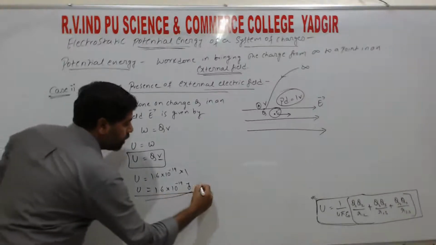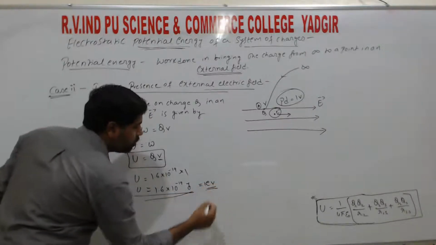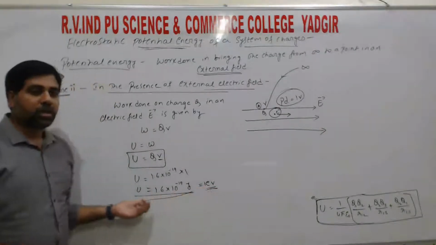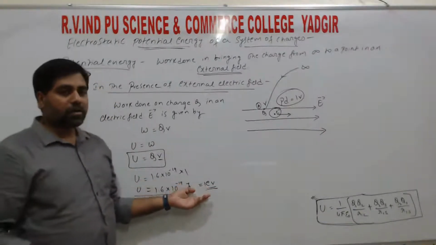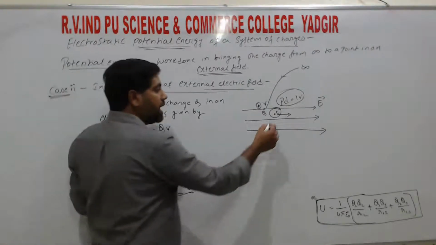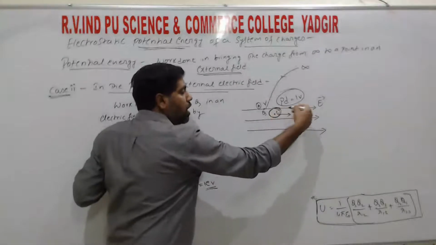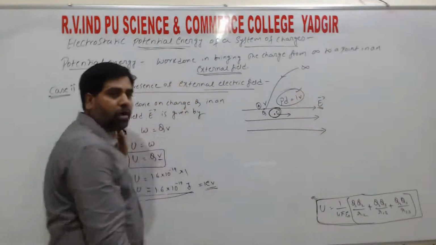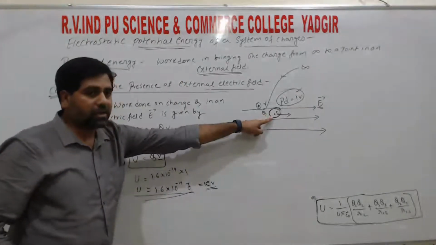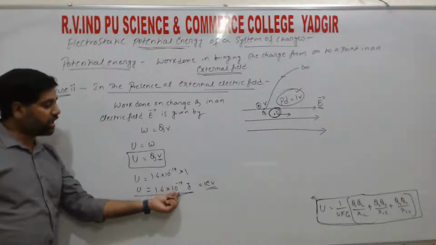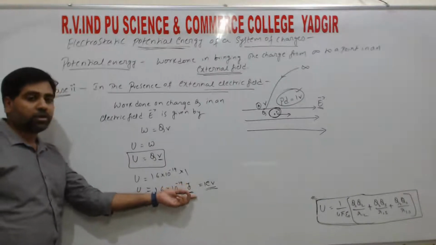So this we call 1 electron volt. As we studied, the electron volt is the unit of energy in atoms and nucleus. We get this value when an electron accelerates in an electric field with a potential difference of 1 volt, and it gains this much energy, 1.6 into 10 to the power of minus 19 joules.